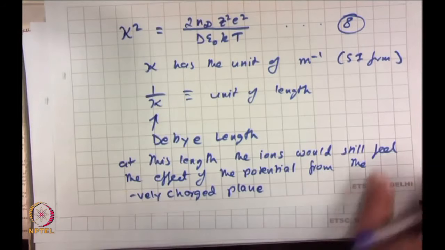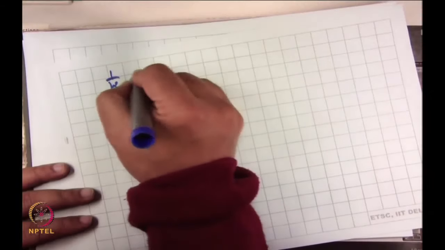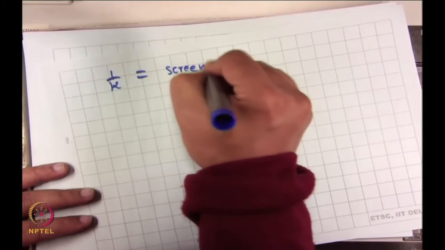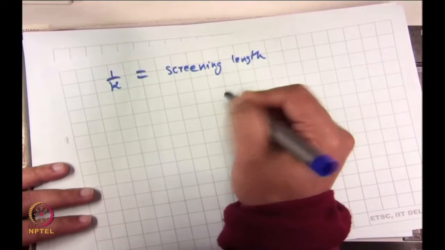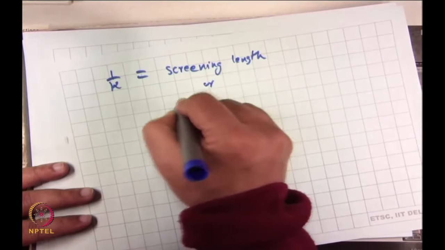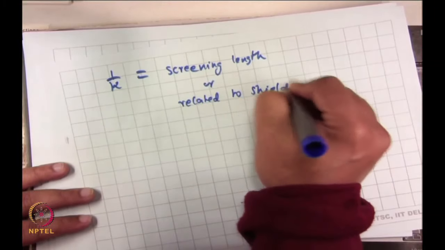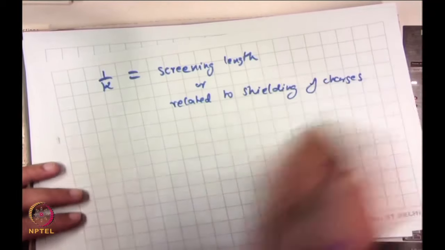In other words, 1 by kappa is something known as the screening length, or related to shielding of charges.